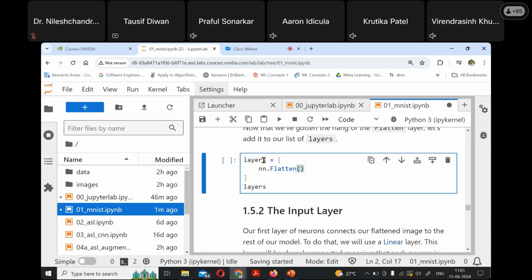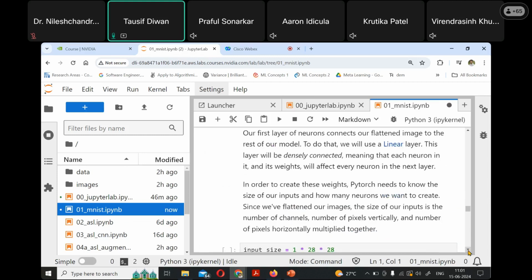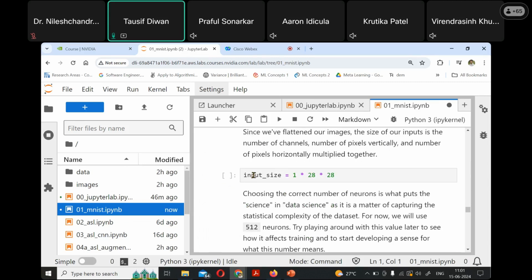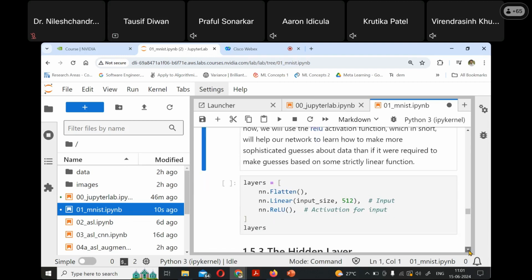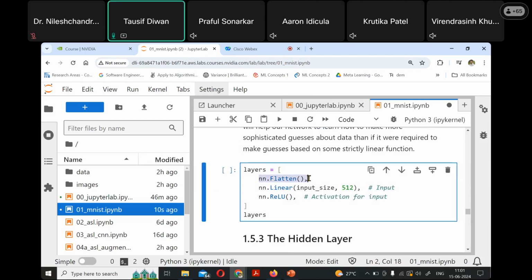Now see, in layers we are adding the very first layer, that is nn.Flatten. Then the input layer. What is our input size? 1 by 28 by 28. This is my input size. Just run this cell. I am defining the layers. This is my first flatten layer.